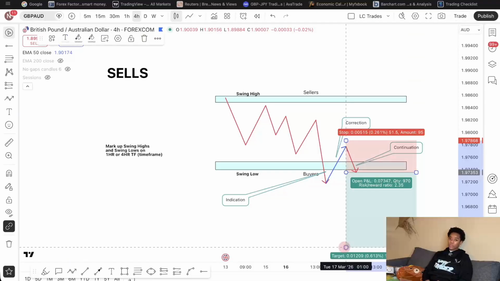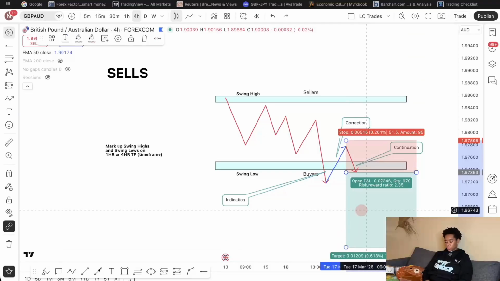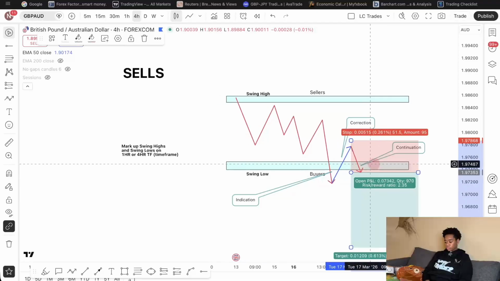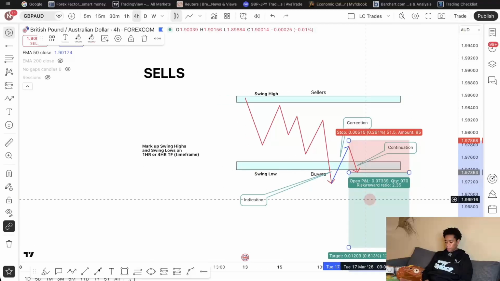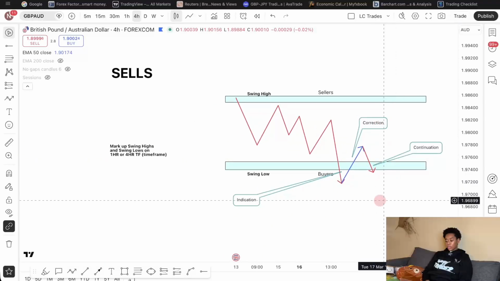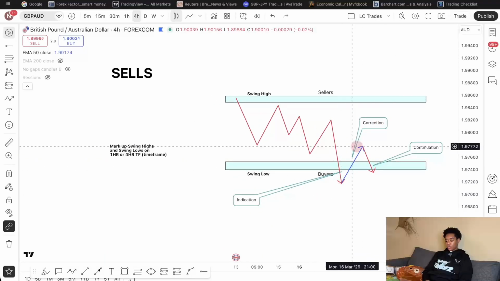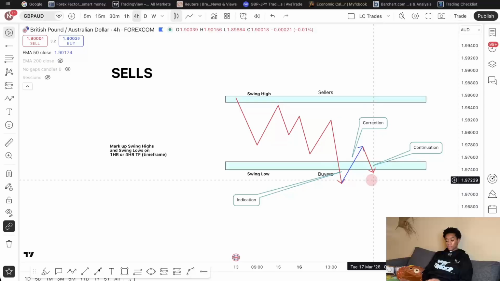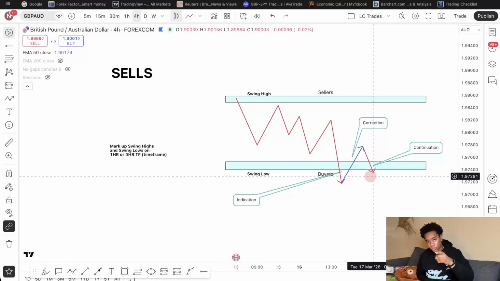I like 1 to 2.5 and up, but some people do 1 to 2s. 1 to 3s are preferable, but this is what you should be looking at, okay? So for sells, we are looking for indication, correction, continuation, marking up our swing highs and swing lows on the 1 and 4-hour time frame. Wait for candle closures.